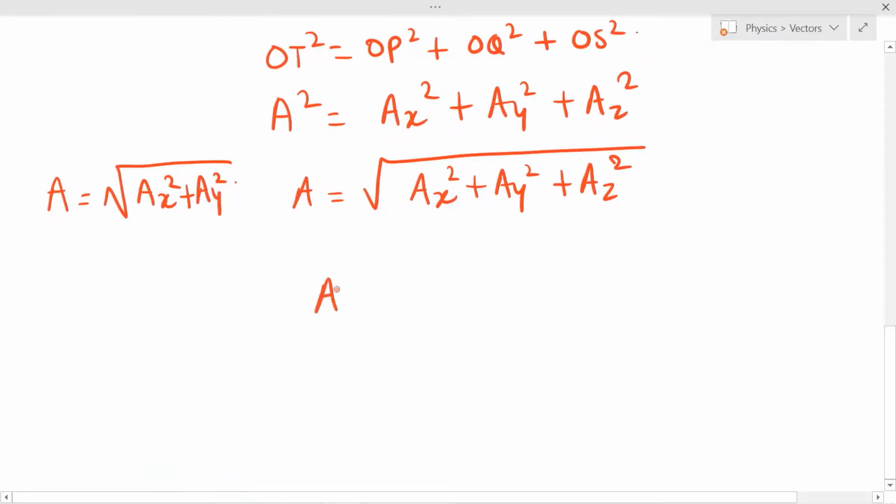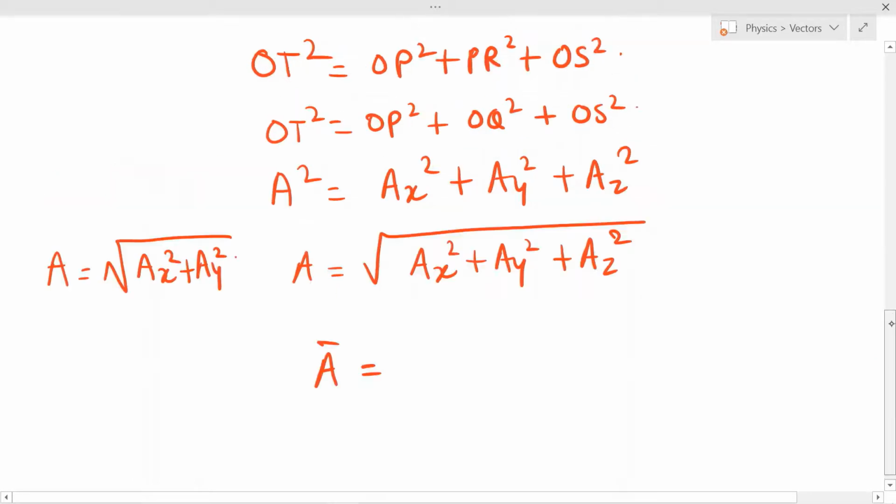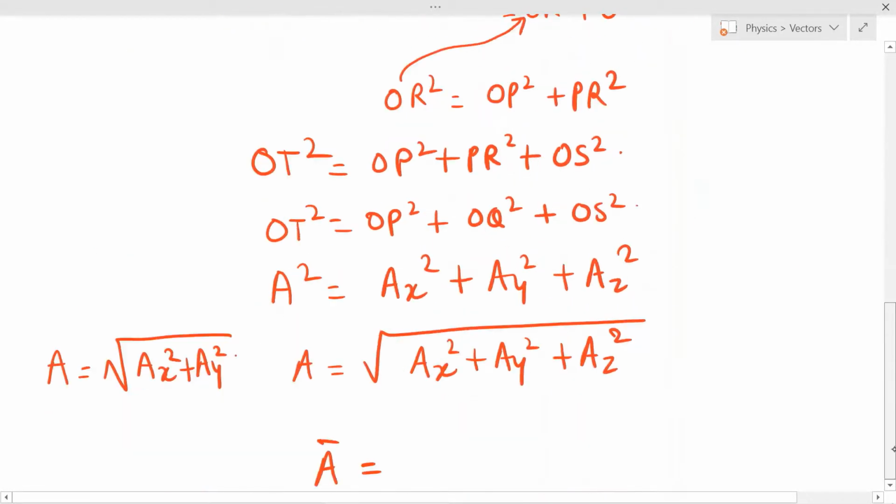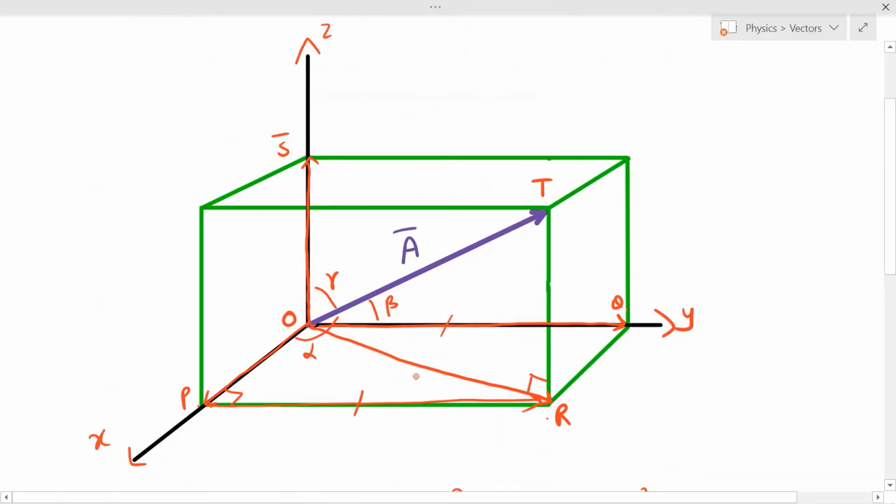So now A bar will be what? A bar will be OR bar plus RT bar, and RT bar is nothing but OS bar. So OR bar plus OS bar will be A bar. Now again OR bar will be OP bar plus PR bar, but PR bar is OQ bar. So this becomes OP bar plus OQ bar.